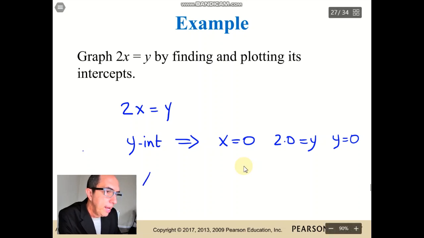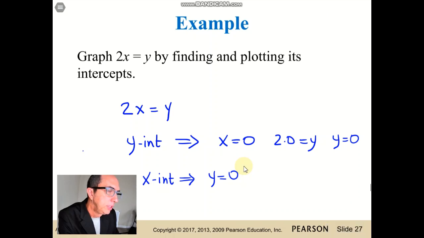And what about the x-intercept? For the x-intercept, you have to assume y equals 0, plug y equals 0 into the equation, 2 times x equals 0, and find x. At this point here, you find x equals 0.